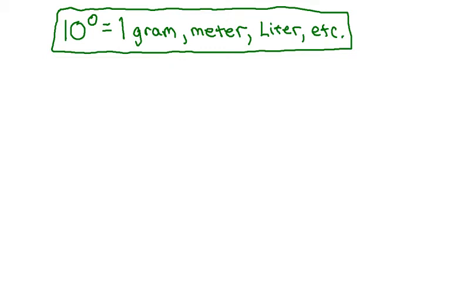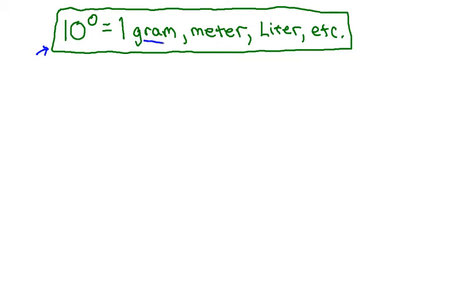Now that you can see the positive integers from positive exponents of tens, now we're going to start doing negative ones. And as I have up here at the top, 10 to the power of 0 equals 1, because anything to the power of 0 equals 1.